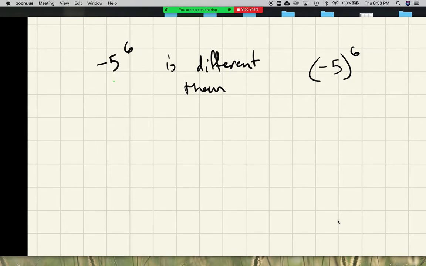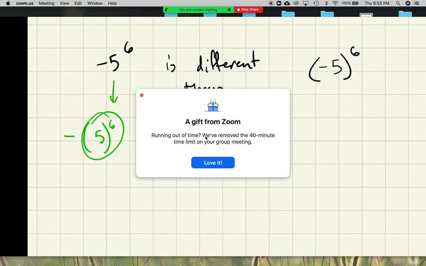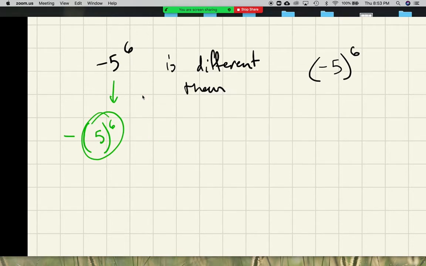This one is the same as if the negative was on the outside of the parentheses. Those are the same. So then what you were thinking of actually doesn't apply, because if the negative's on the outside of the parentheses, it just stays there till the very end, and then it's just 5 to the 6th times. So it'd be the negative.